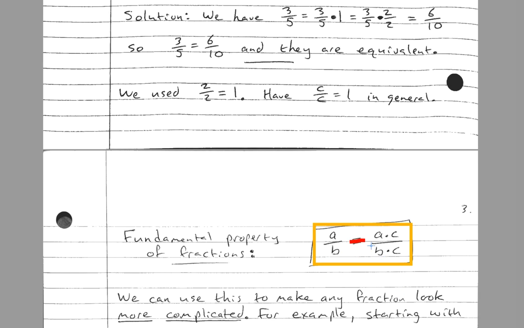So if you go in this direction, if you start with a fraction A over B, you can make it more complicated. You can write an equivalent fraction with bigger numbers by multiplying the top and bottom by the same number. It could be any number.